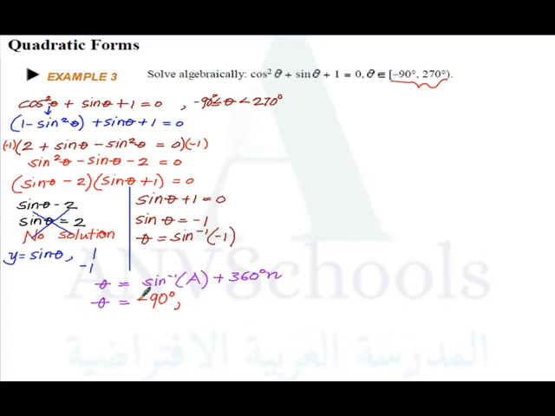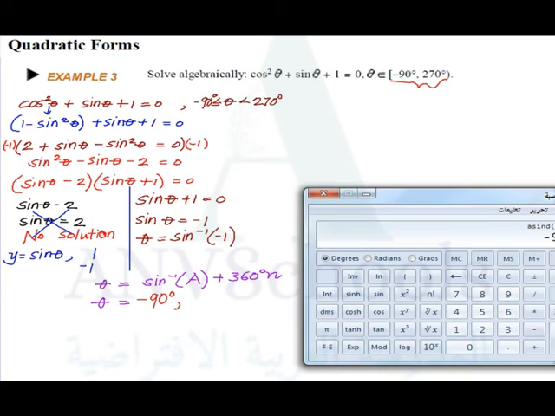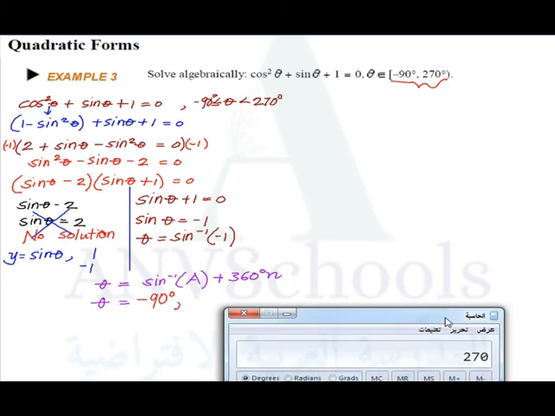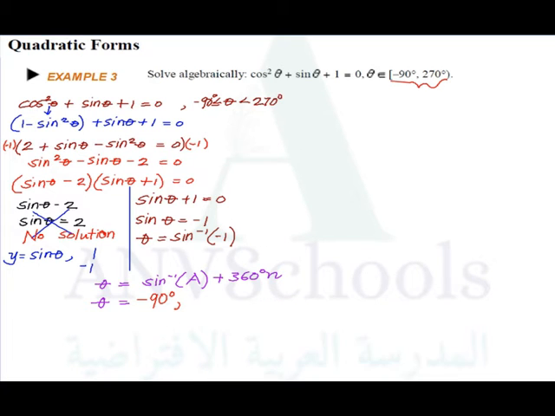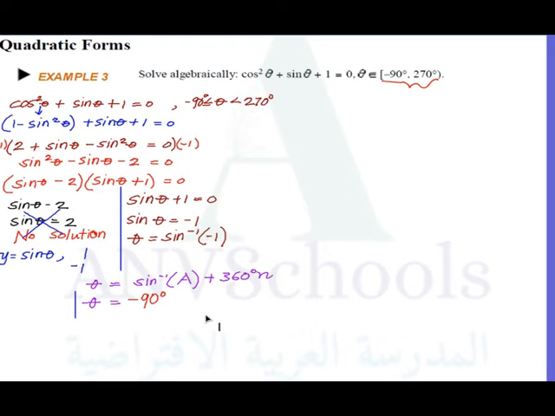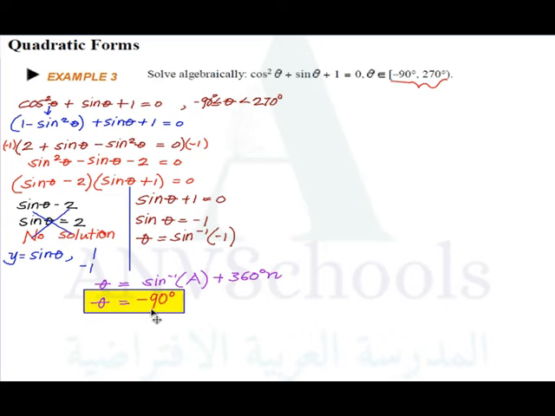If we write it here, that would be plus 360 for n is equal to 1. That would be 270, but 270 is out of our domain. So the only solution left here is negative 90 degrees. It's the only solution that we have here.